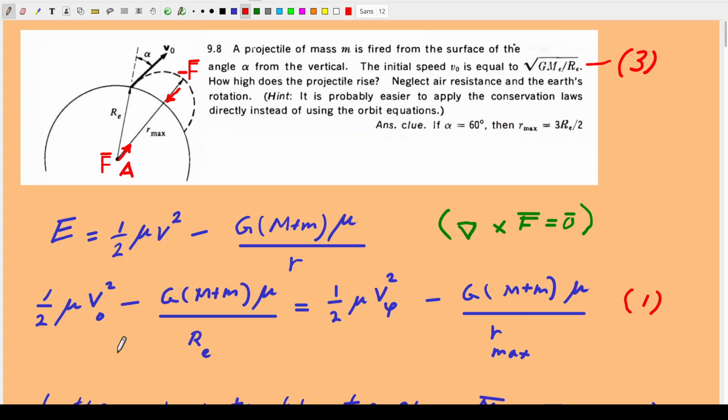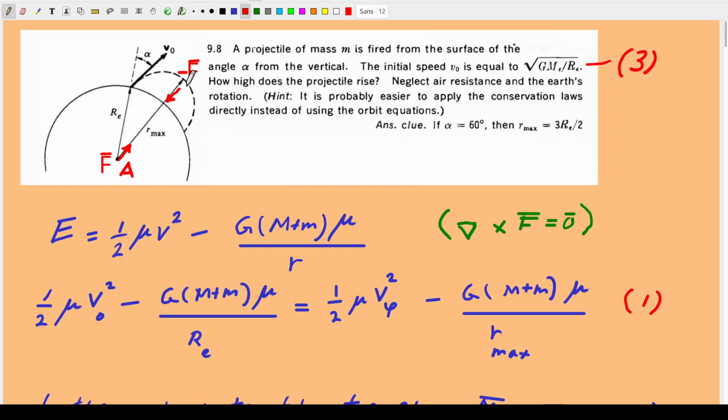What is the energy at that point? You have the speed v0, so the kinetic energy is that, and we know the distance r is the Earth radius. So then we have this expression here, and at r max you have another kinetic energy. We can see here that this is the turning point, so the speed in the r direction is zero.